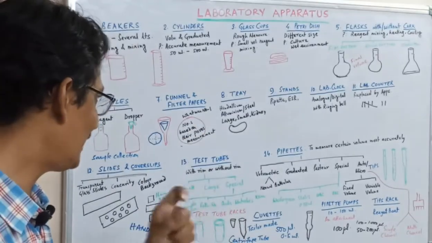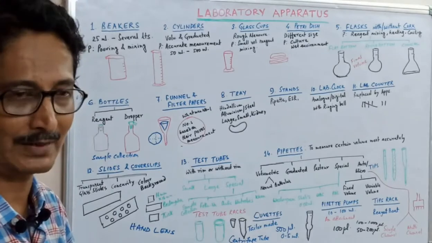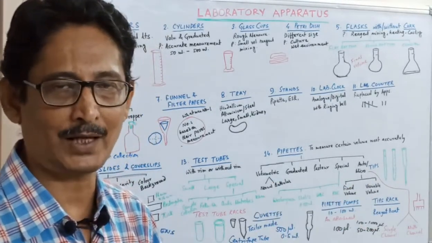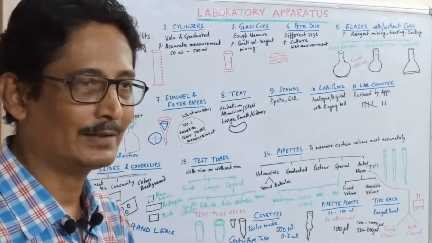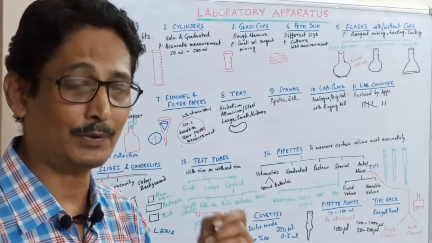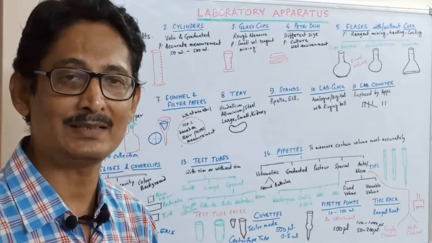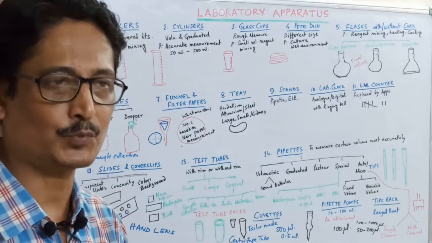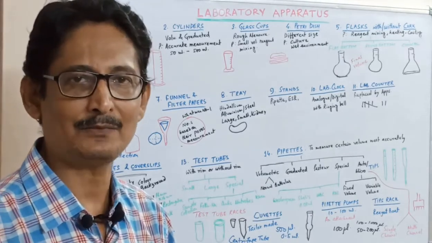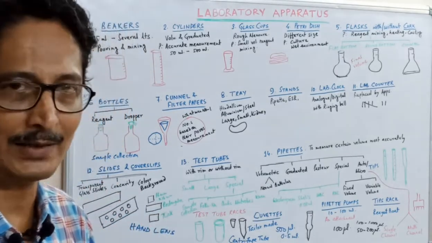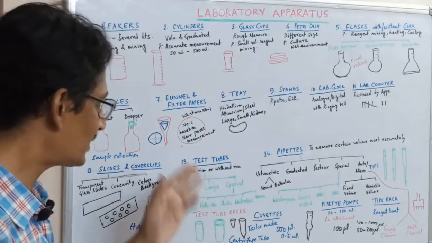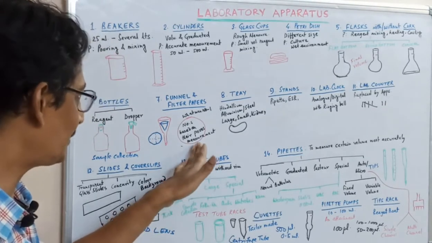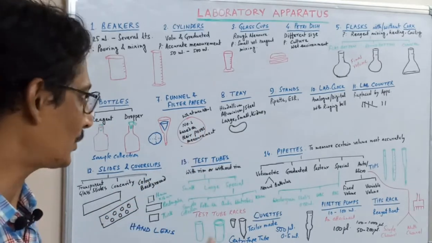The number is based on pore size, like the N95 mask everyone is asking for now because of corona. N95 means the pores are so small that 95% of viruses can be resisted by the pores. So the pores are the main concern here. According to the pores, the filter papers are numbered accordingly.